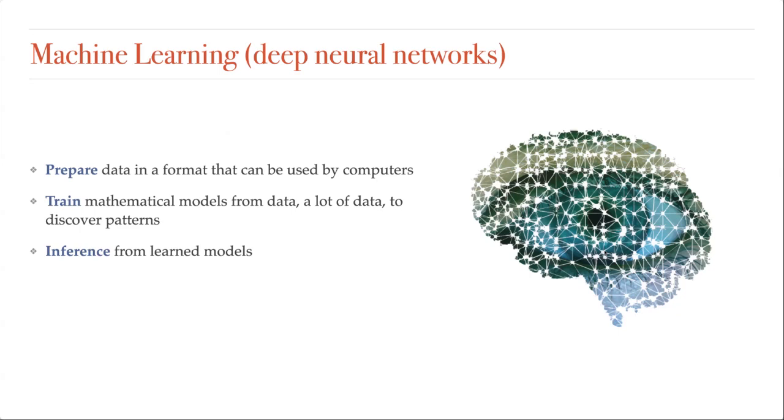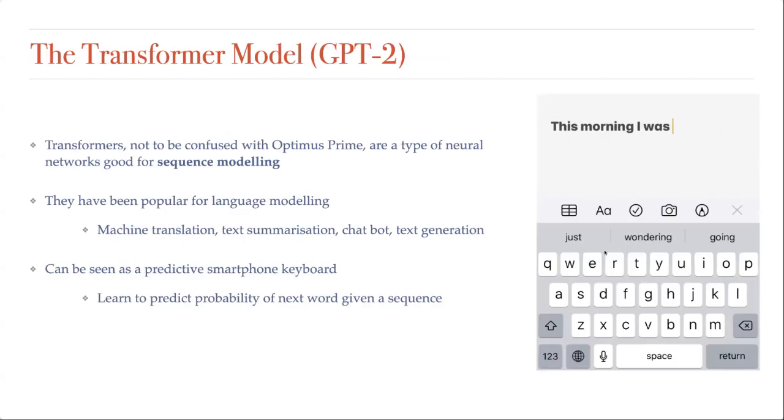That gave us the data, so we can train the models. Then after training, we can use the models to infer new examples. Like I said, we use this transformer model, based on GPT-2, a popular model that people have been using for generating articles.